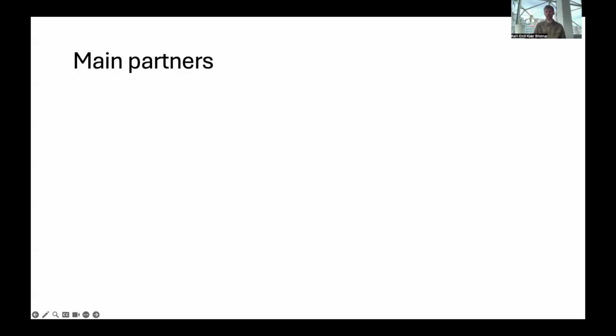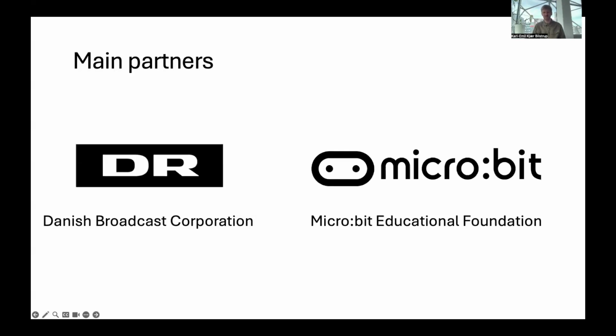With an early prototype, we toured the country to discuss machine learning teaching with different stakeholders and possible partners in the Danish education environment. Using the prototype, we demonstrated the concept, enabling teachers and others to construct machine learning models. We ended up with two main partners, the Danish Broadcasting Corporation and the micro:bit Educational Foundation.